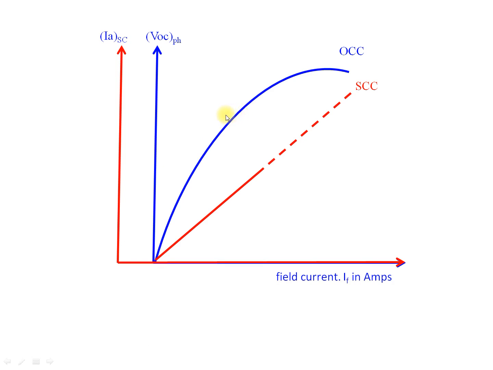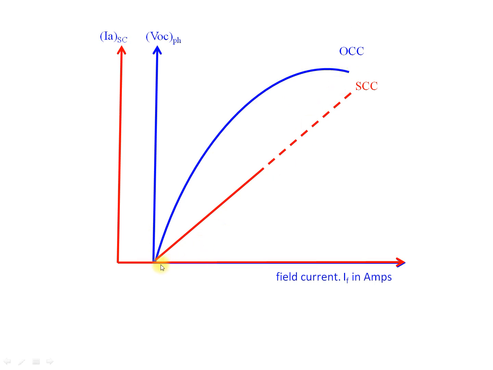After getting saturated, even if we keep increasing the field current, the voltage cannot be increased at all, because the machine is saturated. So the characteristic becomes a straight line like this. This is the characteristic of an alternator when we keep its terminals open circuit.